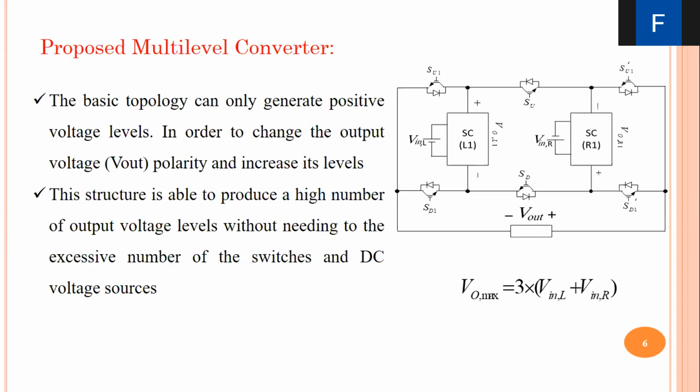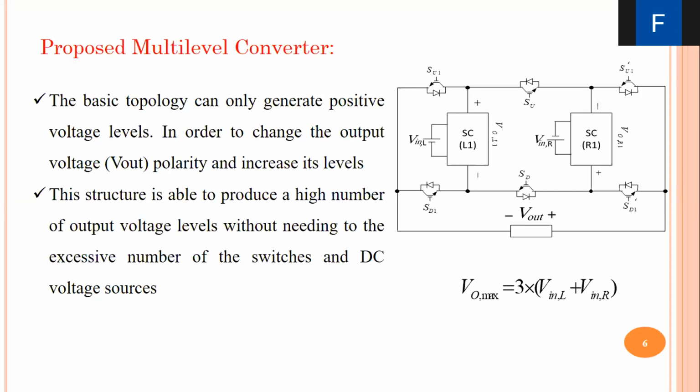To have negative and zero levels, we should insert an H bridge at the output, and in this study we insert an improved H bridge into the circuit, and we have positive, negative, and zero voltage.